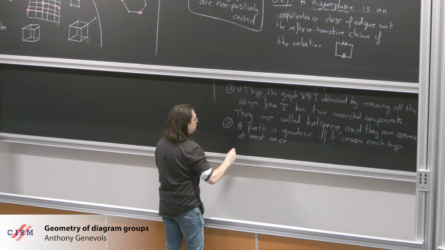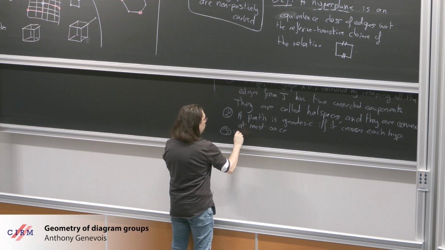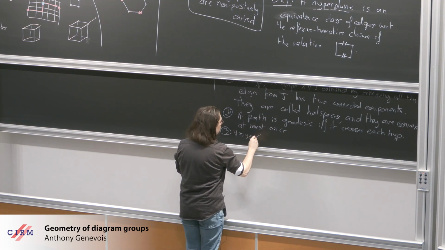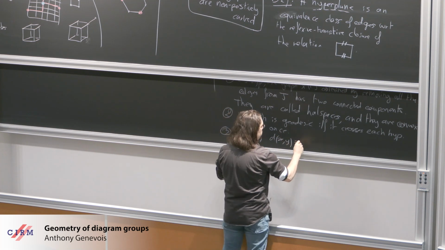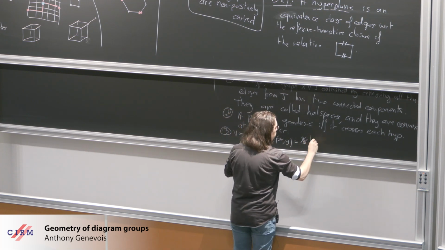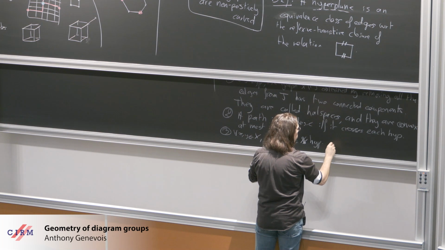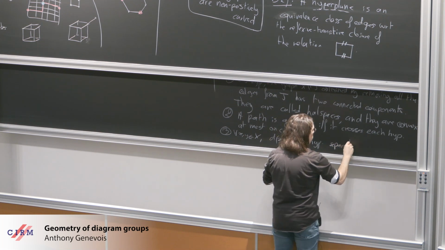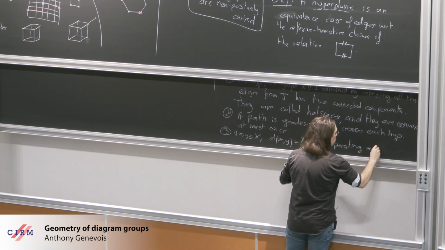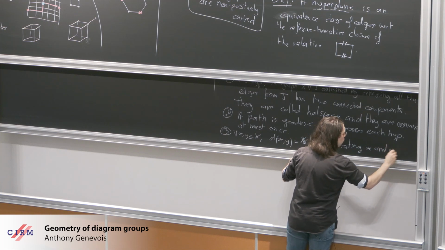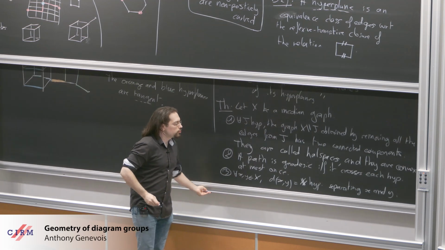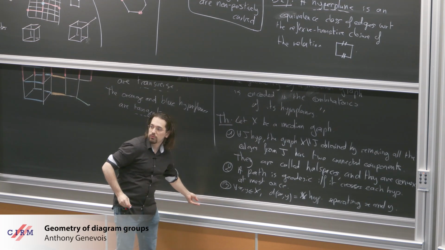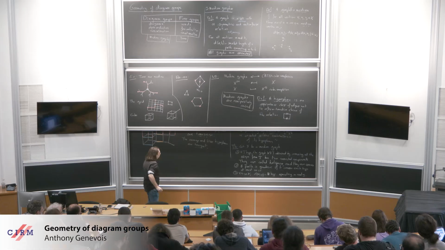And a consequence is that for all vertices, the distance between my two vertices coincides with the number of hyperplanes separating x and y. Okay. So I can really recover the metric just from the hyperplanes.